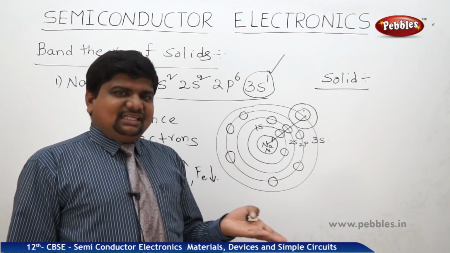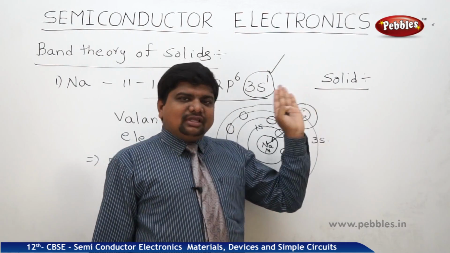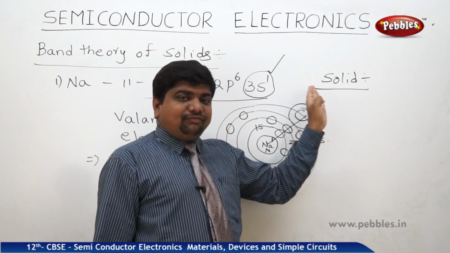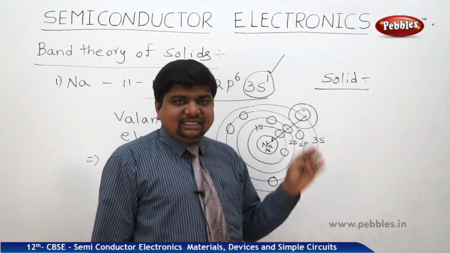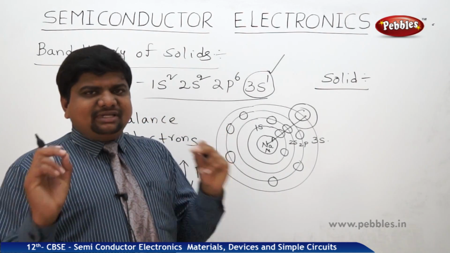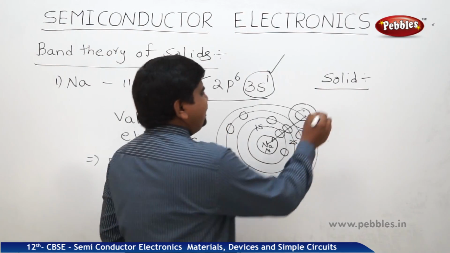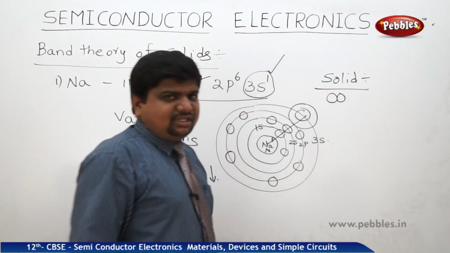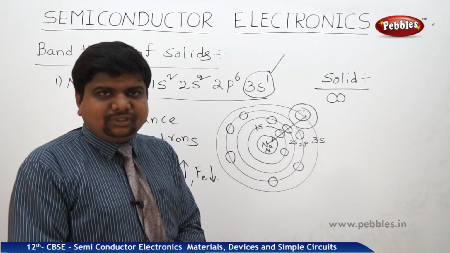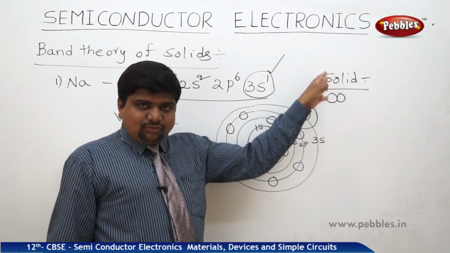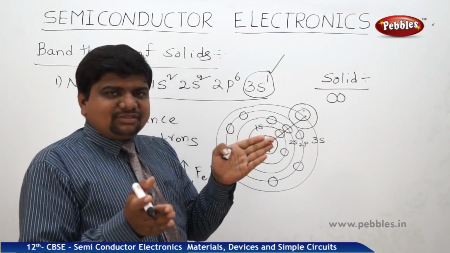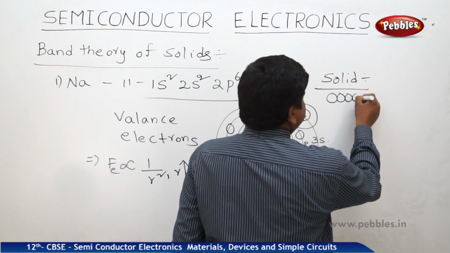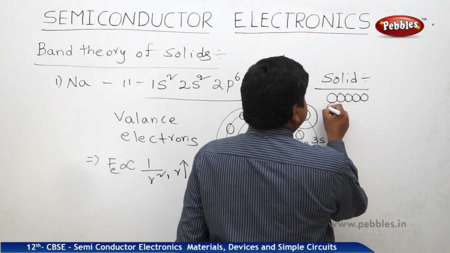Chemically, the intermolecular force between the solid materials is very high, because the molecules are tightly fixed with each other within the solid lattice. Lattice means a position of the shape. So all the atoms are fixed very close to each other.